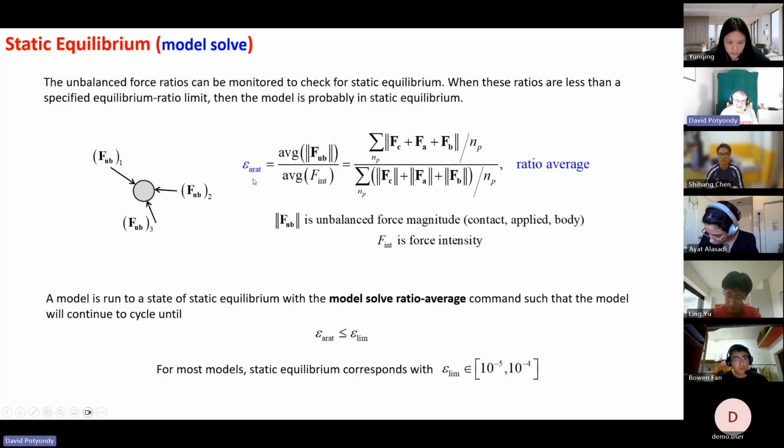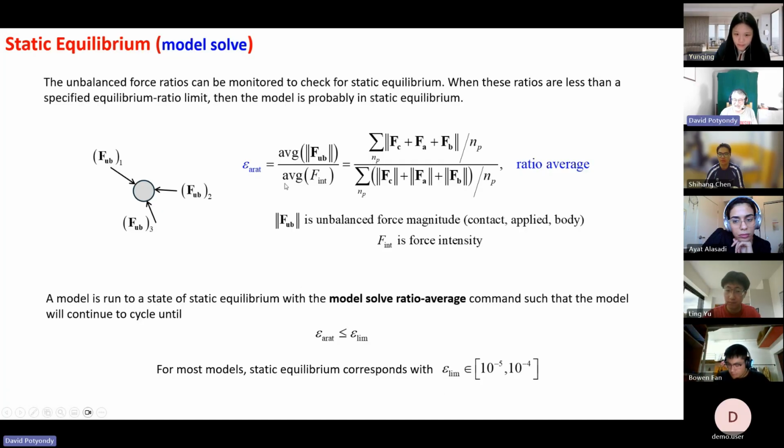The result is this thing called the average ratio, epsilon. And we're going to say, I want you to continue to take cycles until this ratio is less than or equal to some limiting value. All that you're going to do is give one command, model solve ratio average 1e-5. And then PFC is going to happily run and run and run until that's reached.